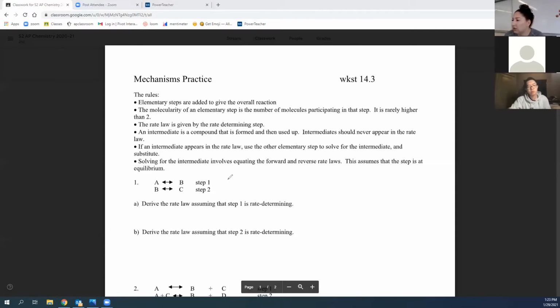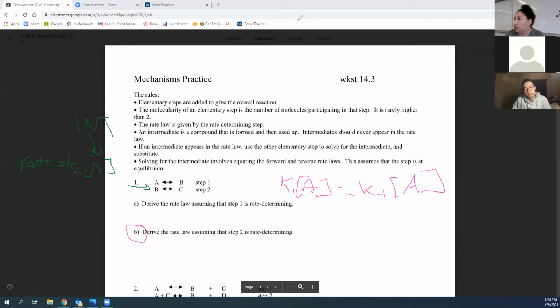So say B was on the AP test or my test. You would write K1 times A equals K negative 1 times B, and then solve for B. On the side, you'd have the rate law: rate equals K2 times B. That's an issue because B is an intermediate.